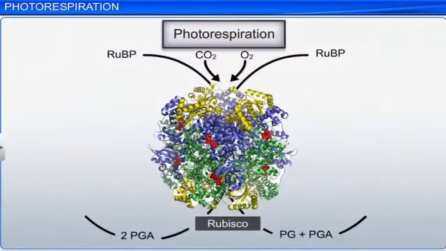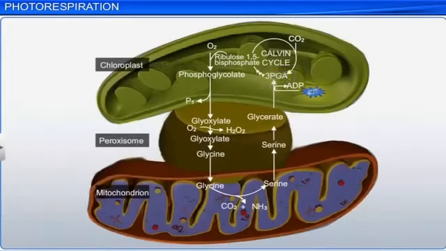During photorespiration, the active site of rubisco combines with oxygen and yields one molecule of phosphoglycerate and one molecule of phosphoglycolate, while with carbon dioxide, it yields 2 molecules of phosphoglycerate. Though phosphoglycerate enters the Calvin cycle and is recycled to form RUBP, phosphoglycolate is removed from the chloroplast.